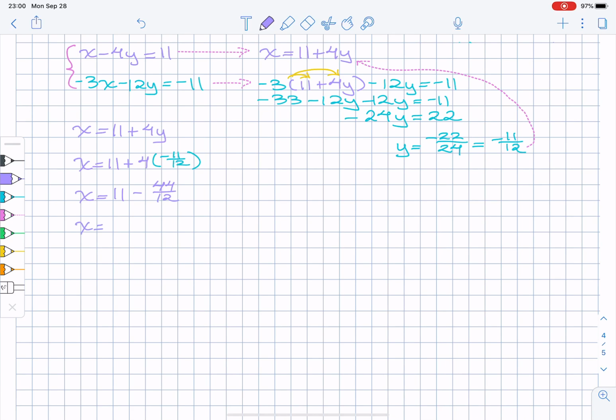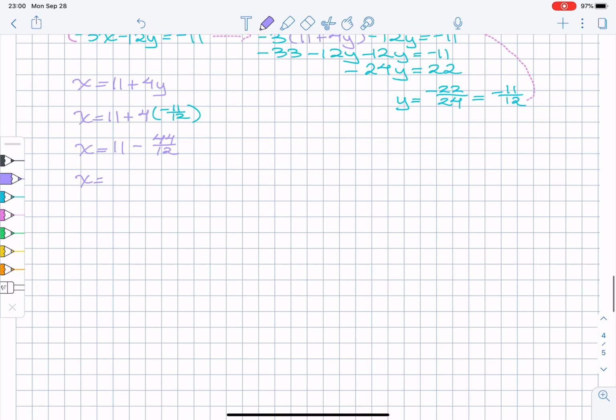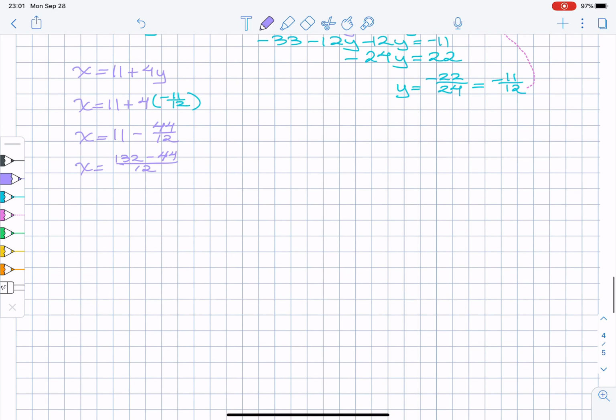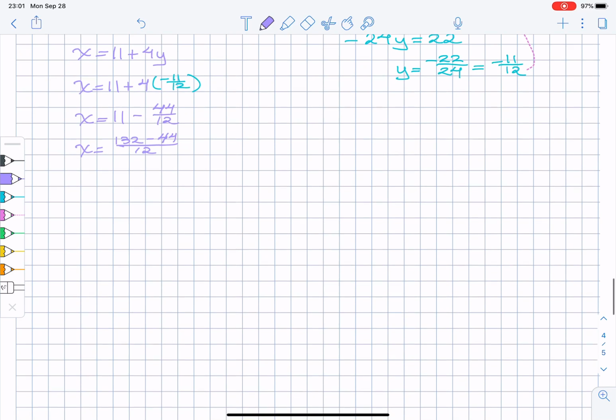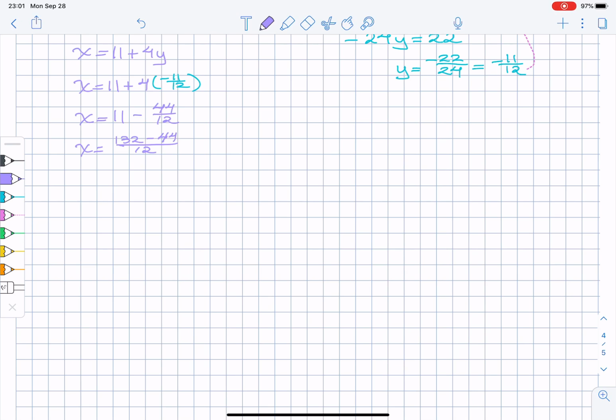So the common denominator is 12. So 11 times 12 is what? Well, 12 times 12 is 144. So if I subtract 12 from 144, I get 132 minus 44 all over 12. Well, what's the difference of 44 and 32? That's 12. So I'm going to be 12 less than 100, which is 88. So this is 88 over 12.